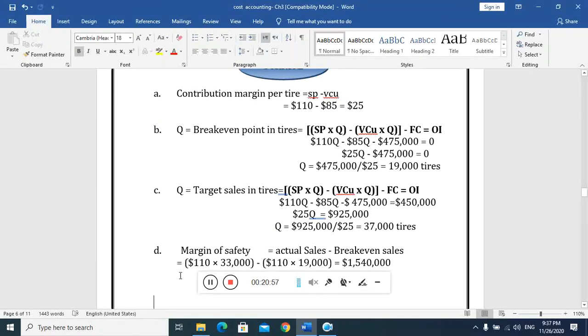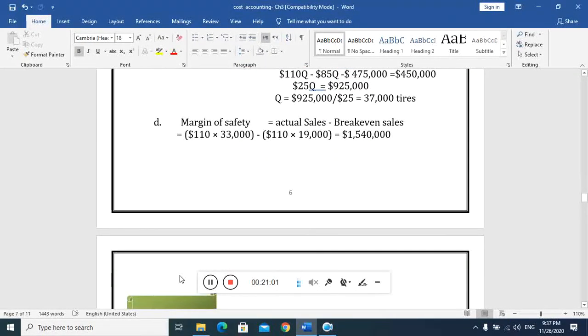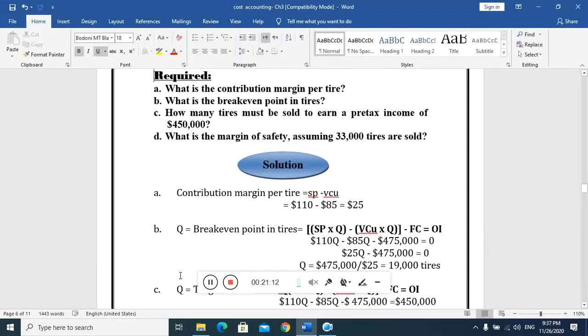Margin of safety equals actual sales minus break-even sales. Our actual sales, he gave us in number D. What is the margin of safety assuming that 33,000 tires are sold?